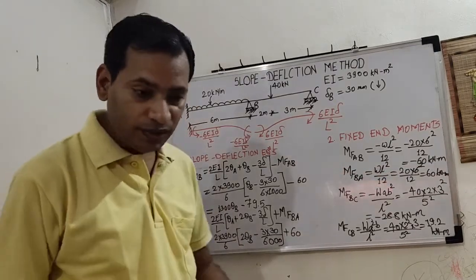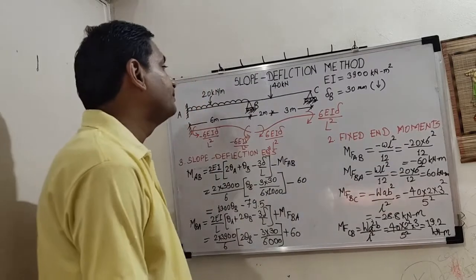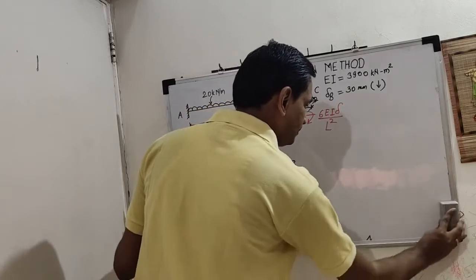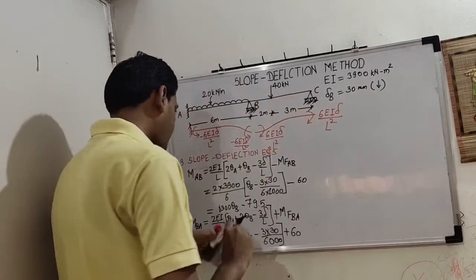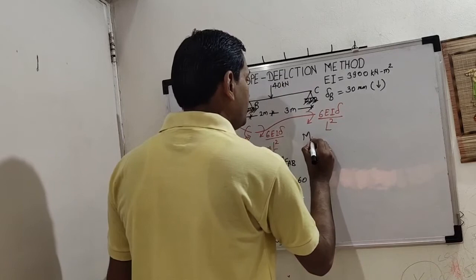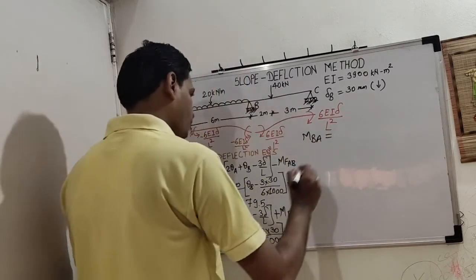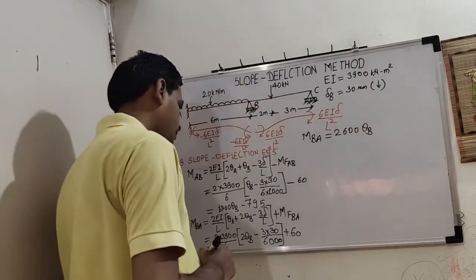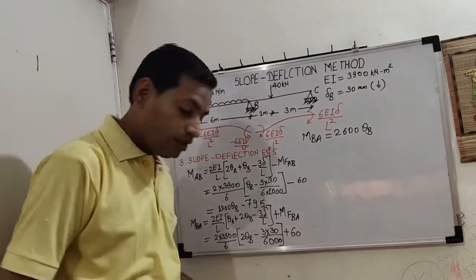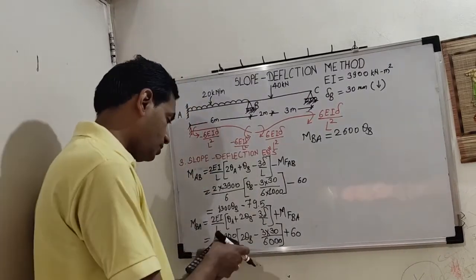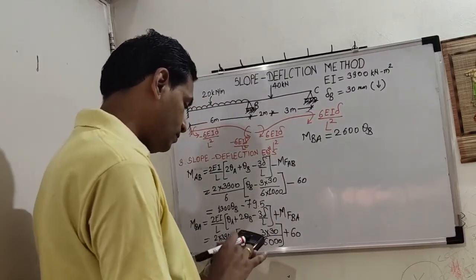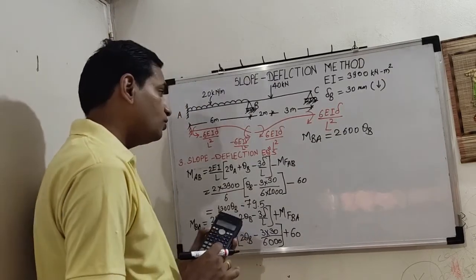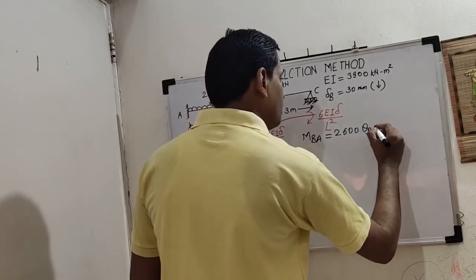Let us simplify this first. So MBA, we are going to get this as 2600 theta B minus 19.5 plus 60, so this is 40.5, so plus 40.5.